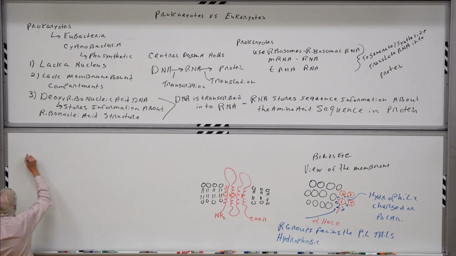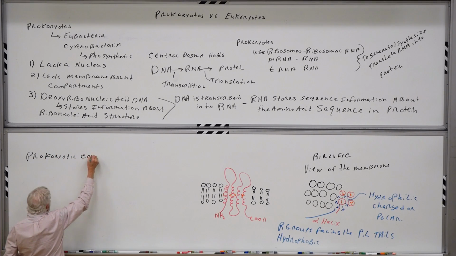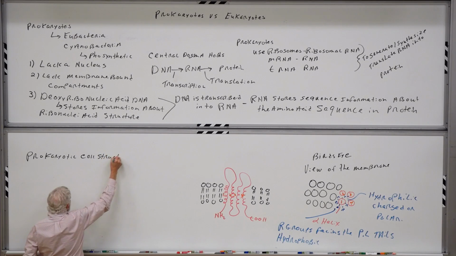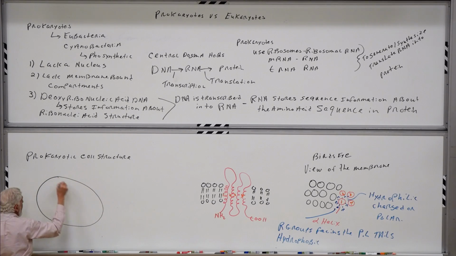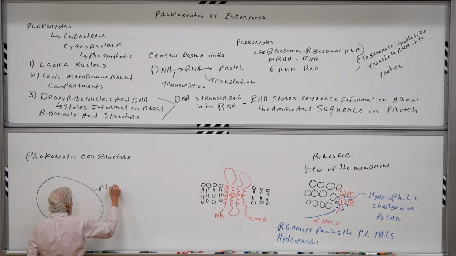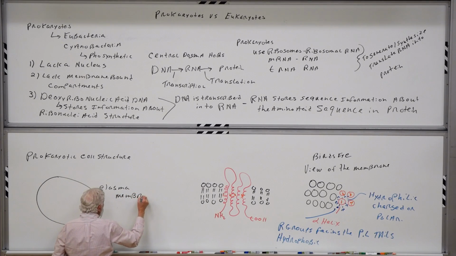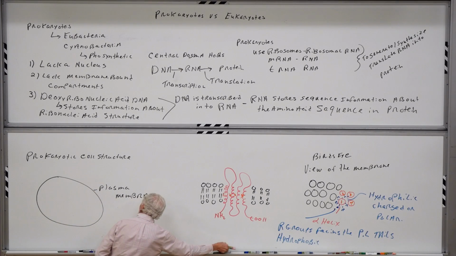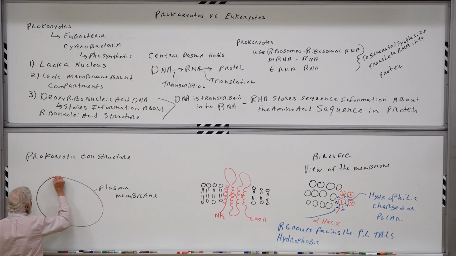So if we talk about prokaryotic cell structure, we see that there's a membrane. This is a plasma membrane. Now, some but not all, prokaryotes have a second outer membrane.